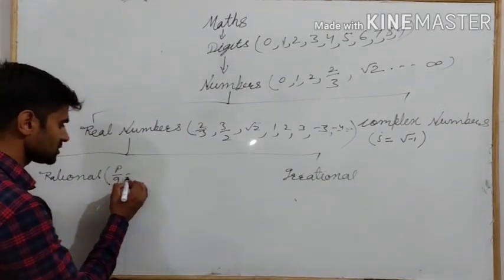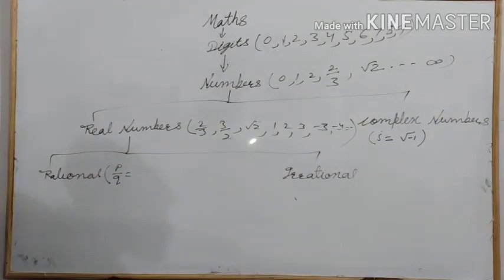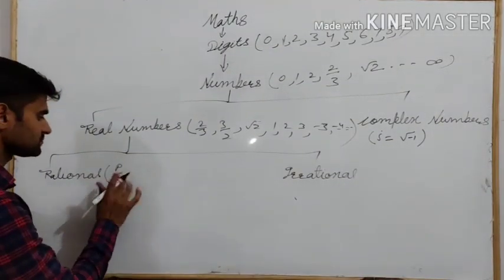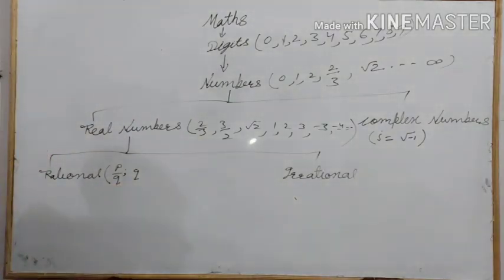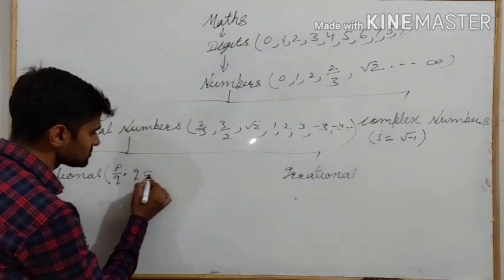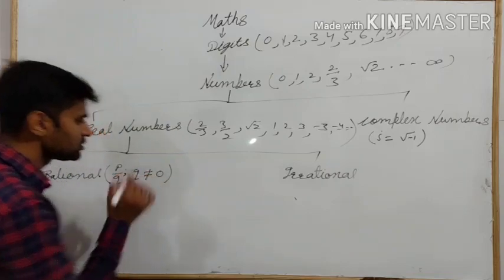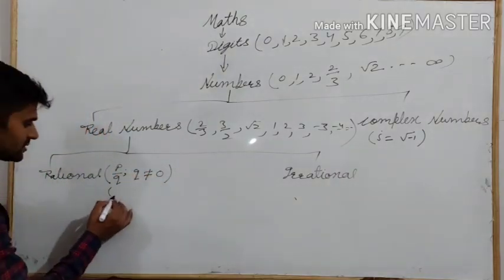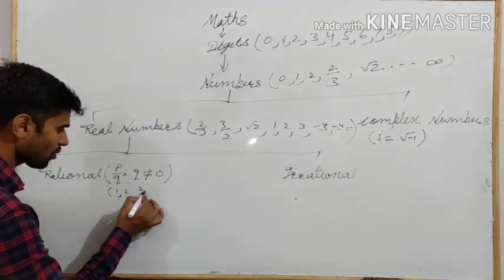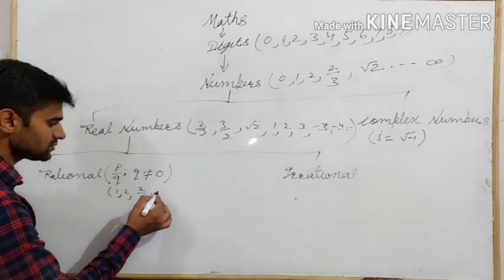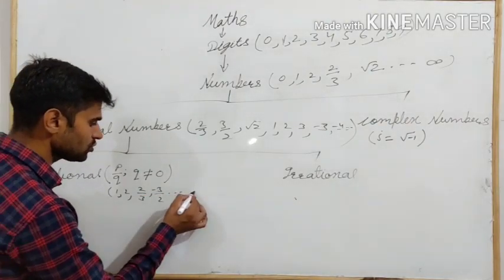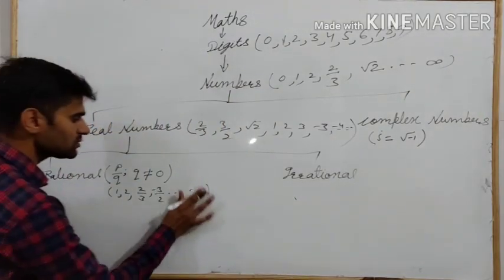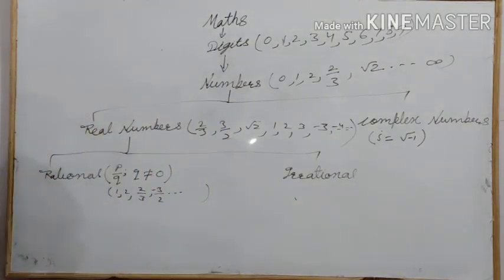It means these are in numerator upon denominator form, where denominator is not equal to 0. It means 1, 2, 2 upon 3, minus 3 upon 2, and many more up to infinity.